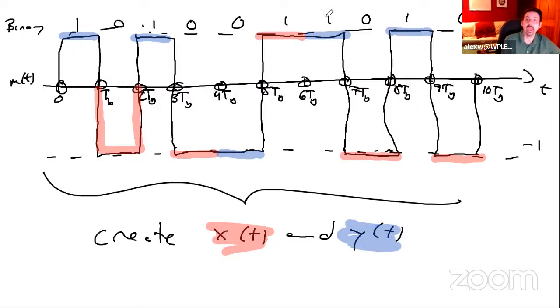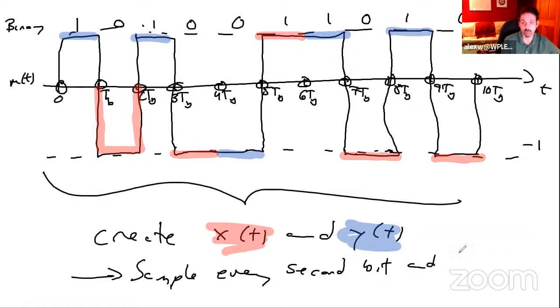So the ingredients, if you like cooking, is: sample every second bit and hold for 2 T_B.